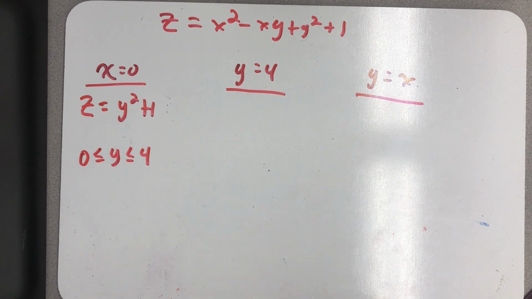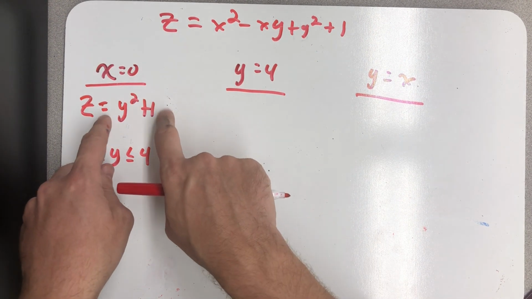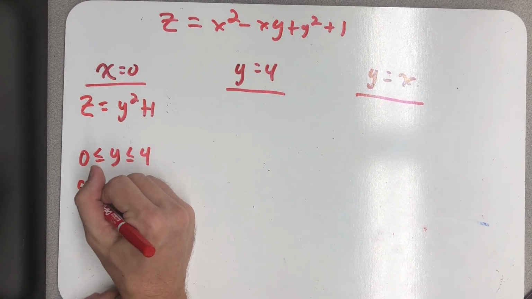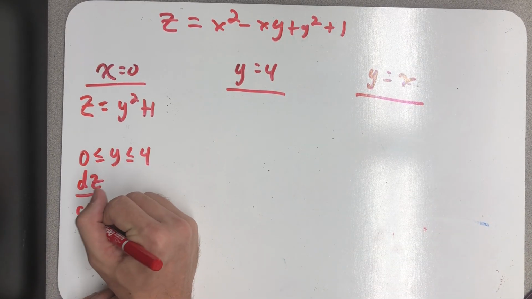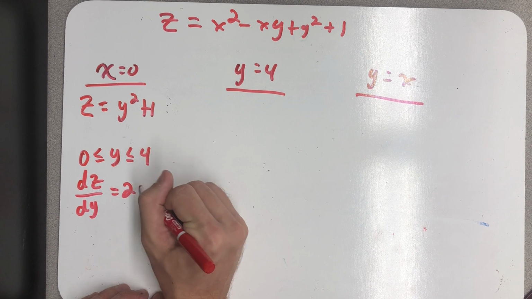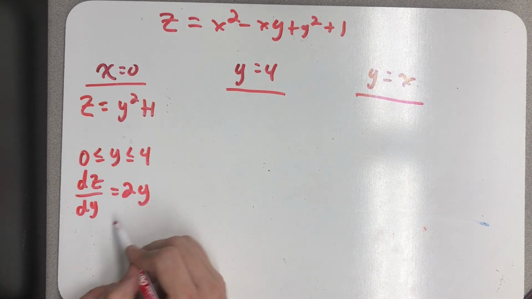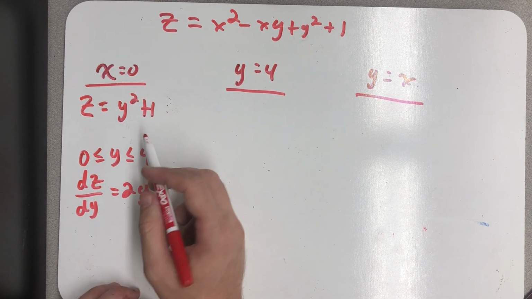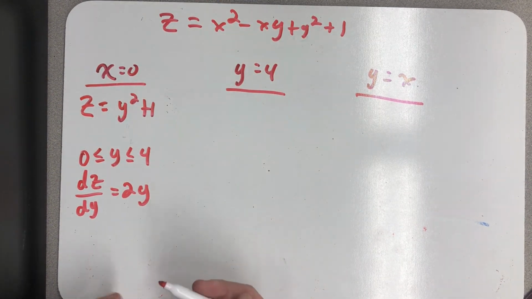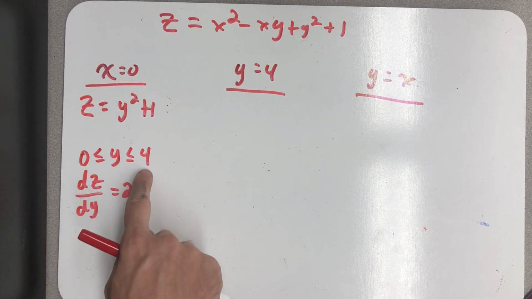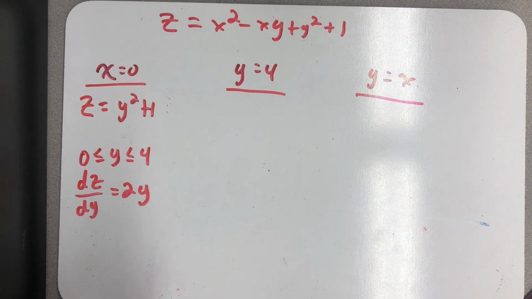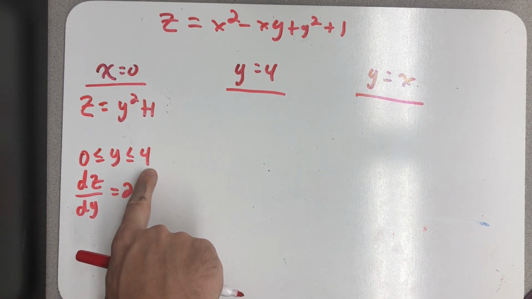And this is really just doing some first calculus. I'm looking for where I might have mins or maxes of this function. So trapped in that plane, I could just imagine doing the Calc 1. And the only critical point for z equals y squared plus 1, thinking of z only as a function of y, would be where y is equal to 0. The extreme value theorem says that the only places I could have a min or a max for that 2D curve I graphed is at a critical point, 0, or at one of the endpoints.